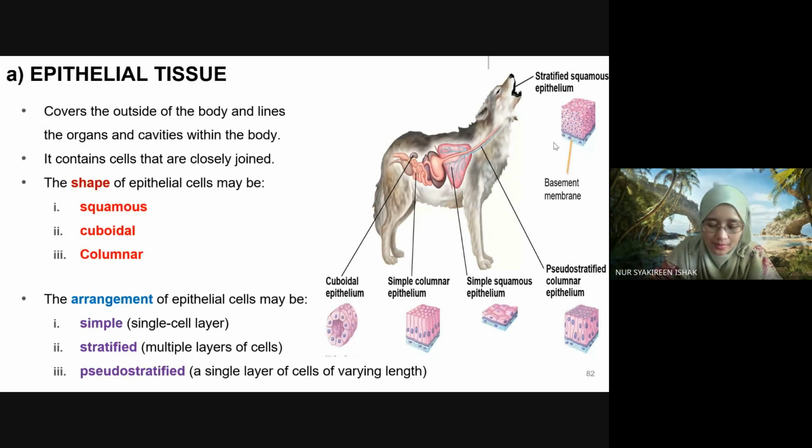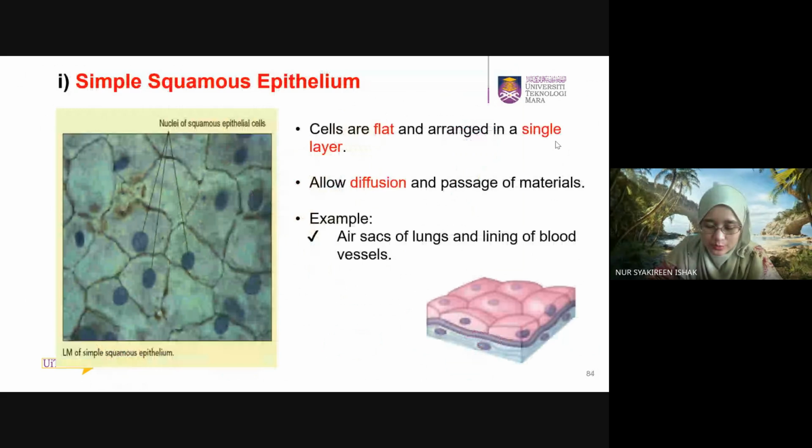So we have looked at where the cells and the arrangement of the cell tissue can be found. For example, simple squamous. Simple squamous means that the cell shape is flat, and the cells are arranged in a single layer. So why is it arranged in a single layer?